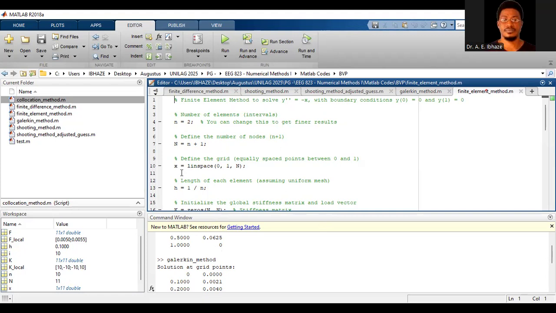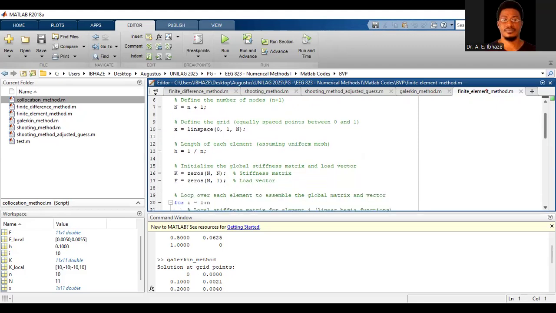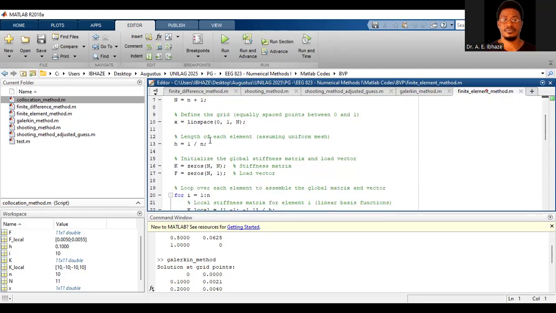In this case, it will be 3. And then we define the grid, which should be equally spaced between 0 and 1. And then the time step, h, which is the length of each element. Now here we initialize the global state matrix and the load vector.